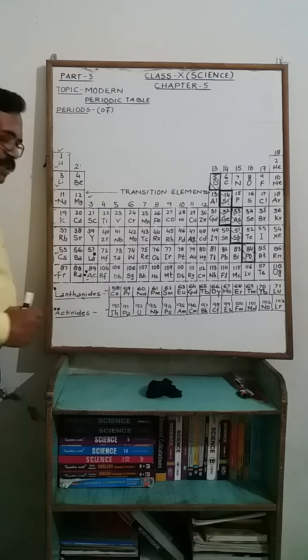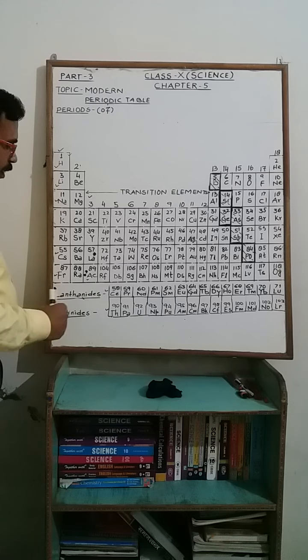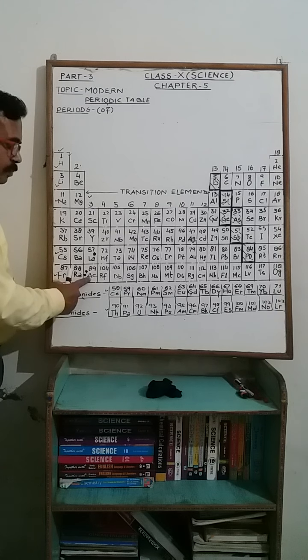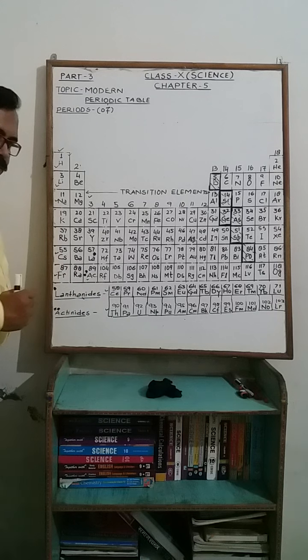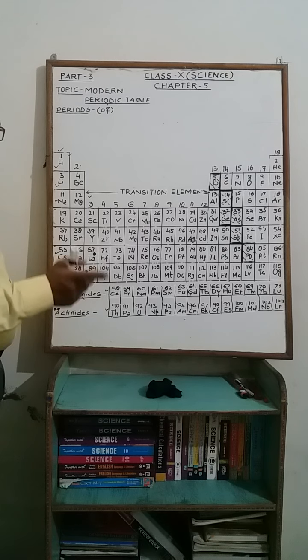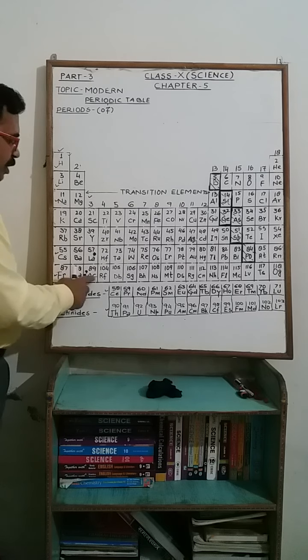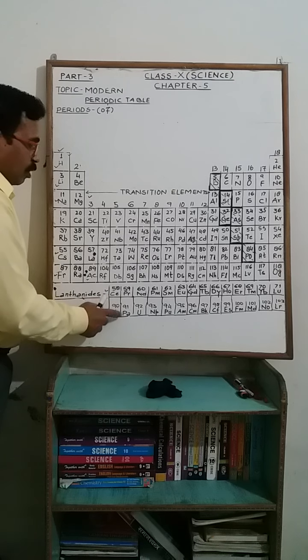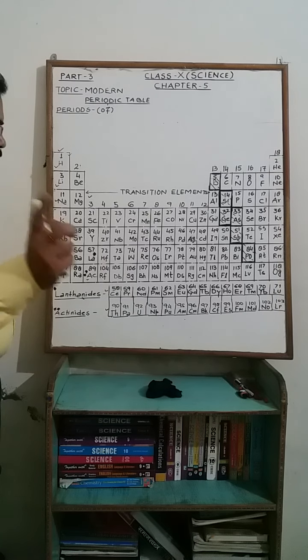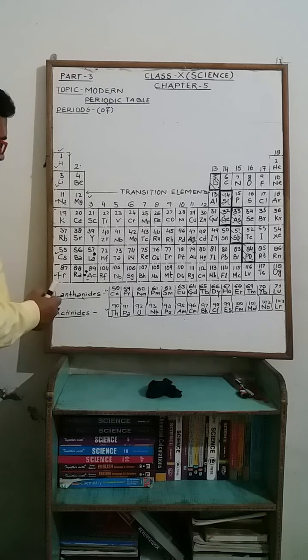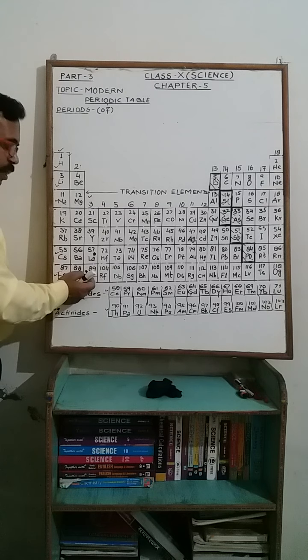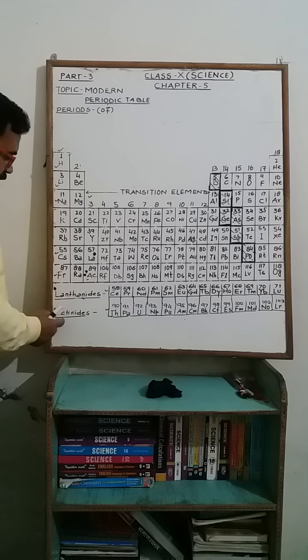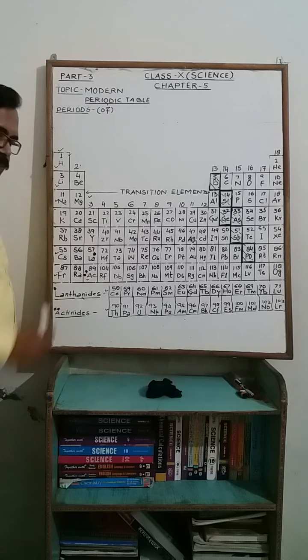They should be with actinium in this box, but to avoid the lengthiness, they are placed separately at the bottom. And because these come after actinium, they are named actinides.